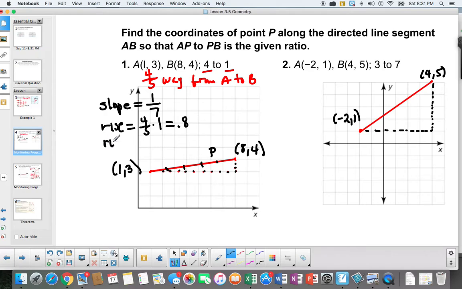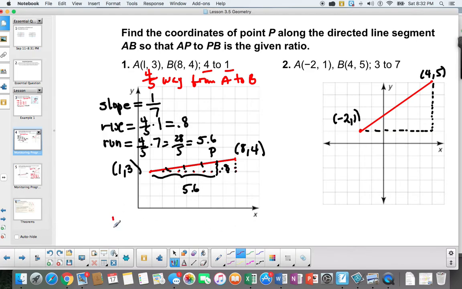Then my run: 4/5 times 7, which is 28/5, and 28/5 is 5.6. So I want to go 5.6 over, and then I want to go up 0.8.